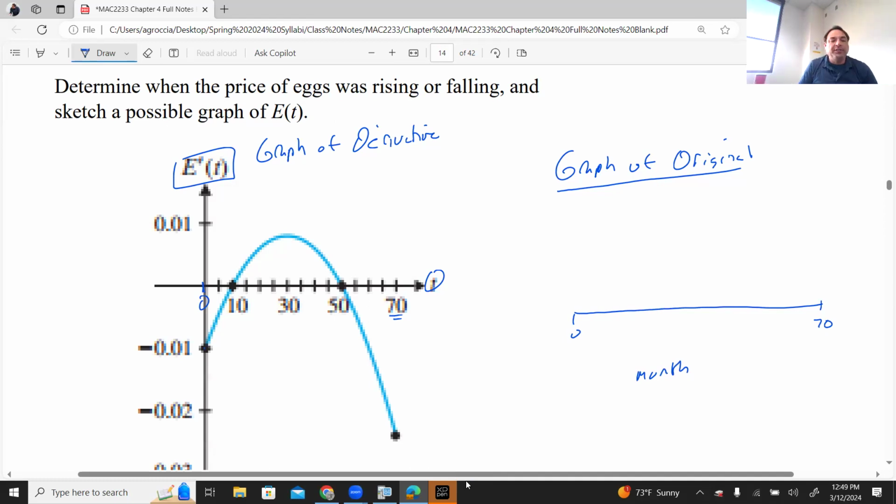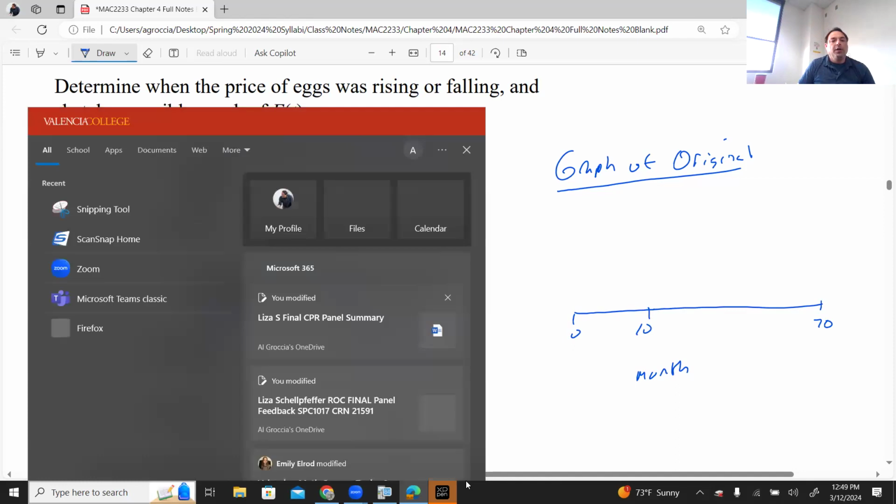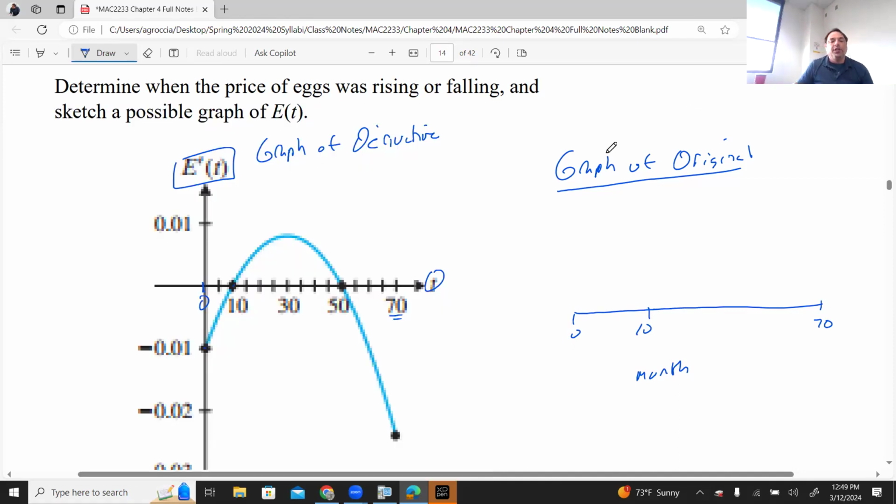From 0 to 10, notice the derivative is positive or negative. The derivative has a negative result.